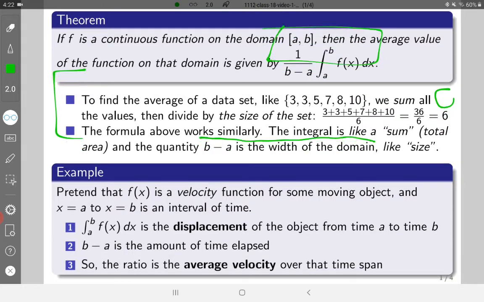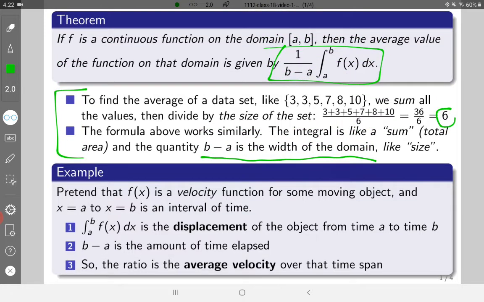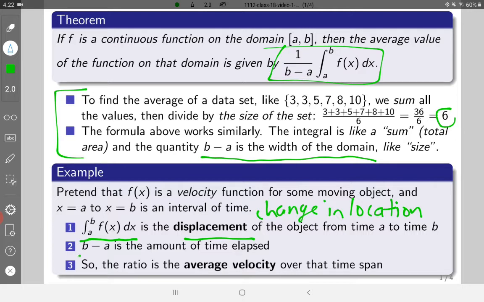Another way to think about this is to pretend that the function f is a velocity function. In that case, we've discussed how the integral of that velocity function is the displacement of the object. It's the change in location of the object over that interval of time from a to b. And in this case, b minus a, that's the amount of time that passes.